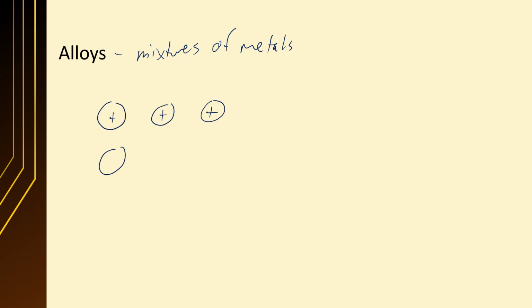Last thing for today, we'll talk about our alloys. Alloys are mixtures of metals. So if I have my metal ions like this, and I have my valence electrons moving around, what is fairly simple to do is to take one of those metal ions and replace it with a totally different type of metal.